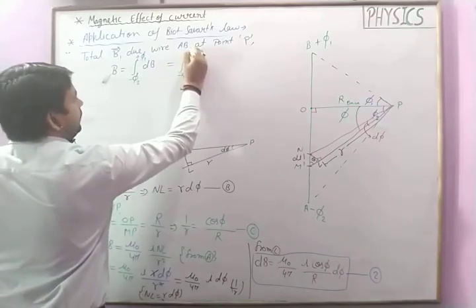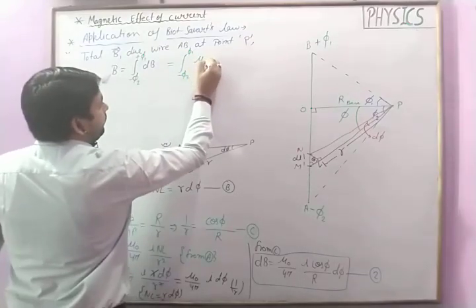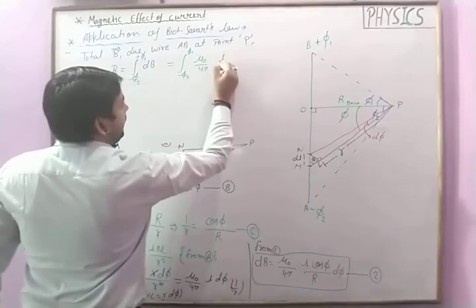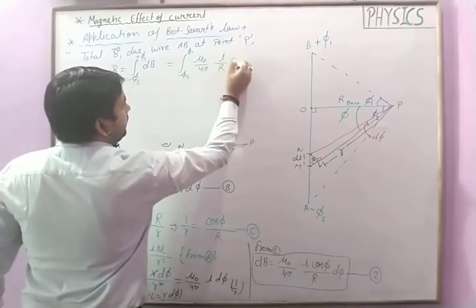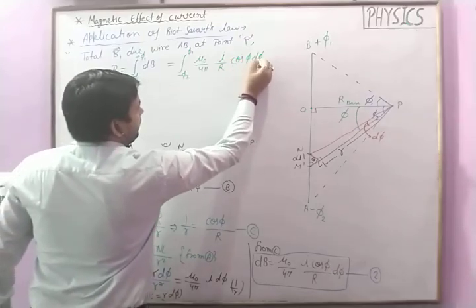On putting this value, integration from -φ2 to φ1 of dB, we have mu naught upon 4 pi I upon r cos phi d phi.